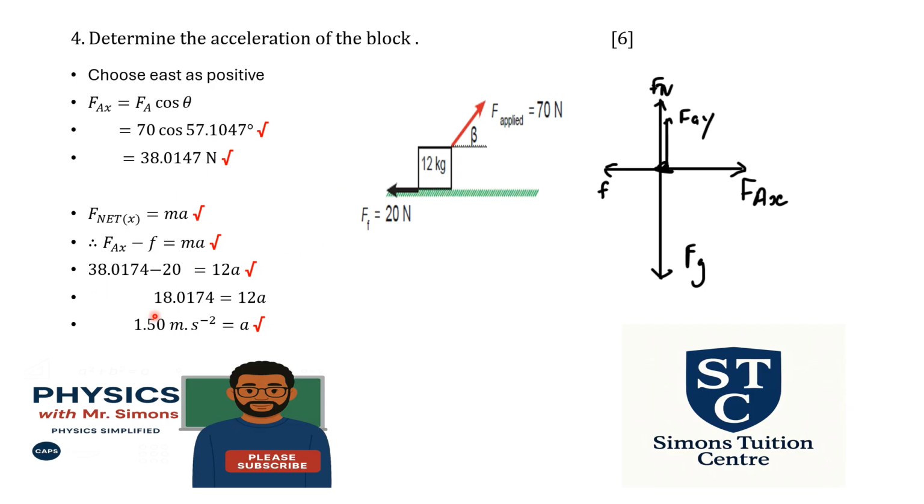If we subtract that too, I get 18,0174. My mass is 12, so that's 12 a. 18,0174 divided by 12 gives me 1,50 meters per second squared. So there I have my acceleration. So that is 1 mark there for correct substitution and 1 mark for the final answer. And as you can see, that one question, 6 marks.